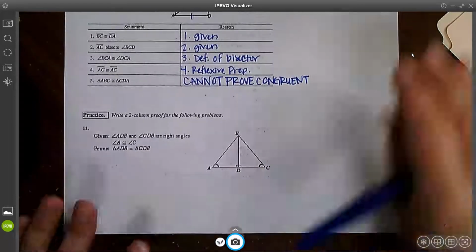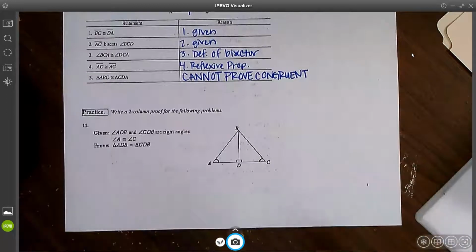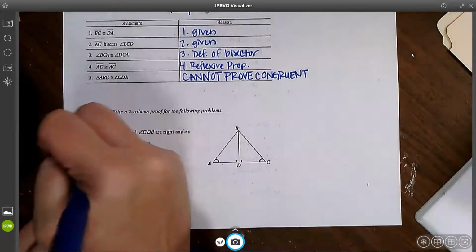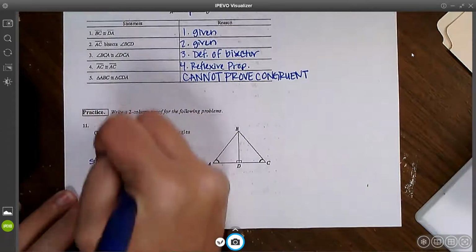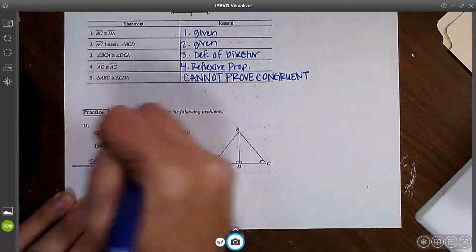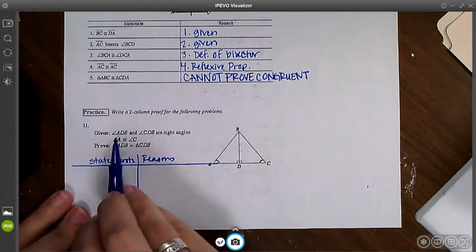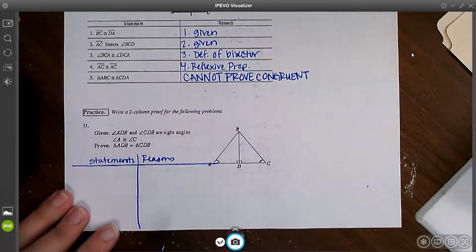Now we're going to start with just writing them straight up from what is given. So you're always going to start with what's given. So I'm going to have my statements column, and then my reasons. It says that angle ADB and angle CDB are right angles, which is already noted.